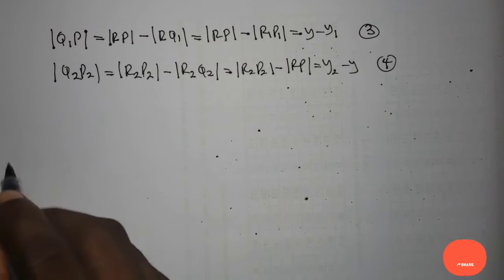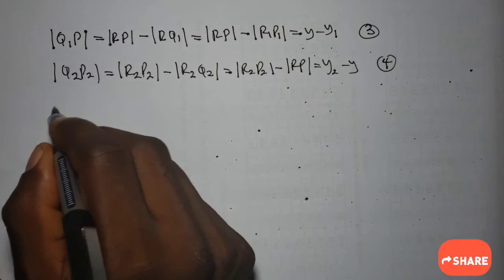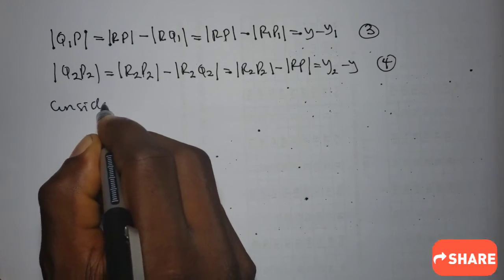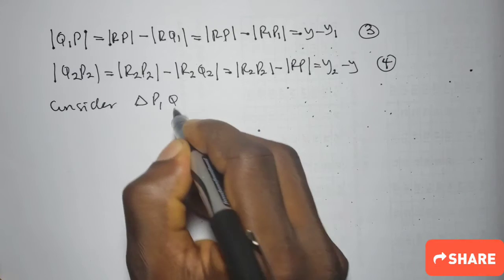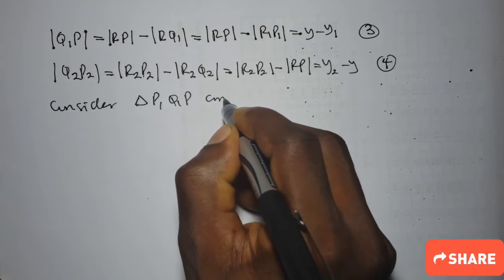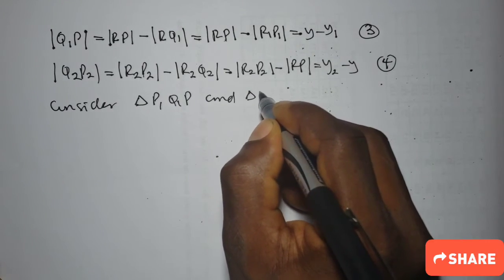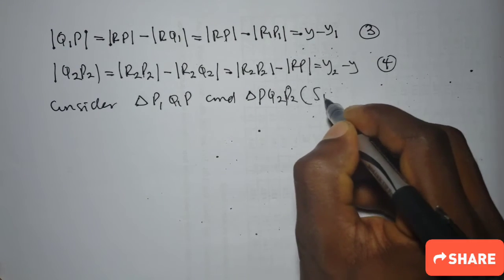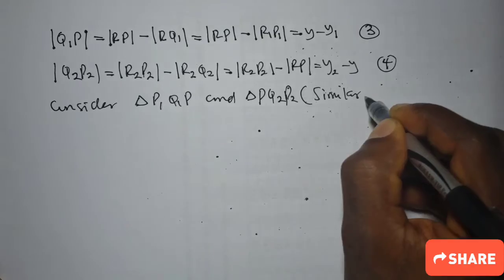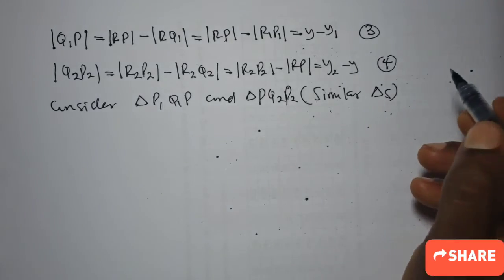Now we consider triangle P1Q1P and triangle PQ2P2. These triangles are similar triangles.